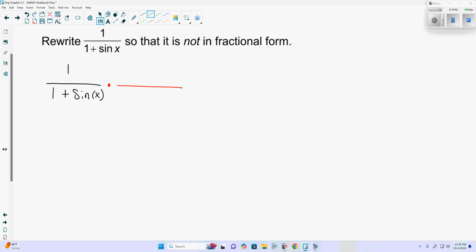Not just 1, a fancy version of 1. Because as we just saw with the last problem, we had 1 plus sine, yes? What did we multiply it by that ended up making it nice? 1 minus sine, yes? We multiplied it by its conjugate. So whenever we have these fractions, we can multiply by the conjugate, specifically of the denominator, to get this to simplify.